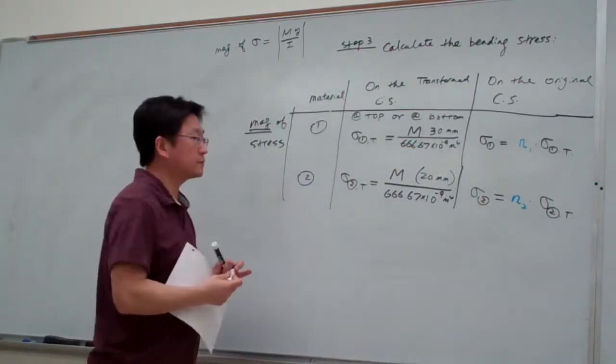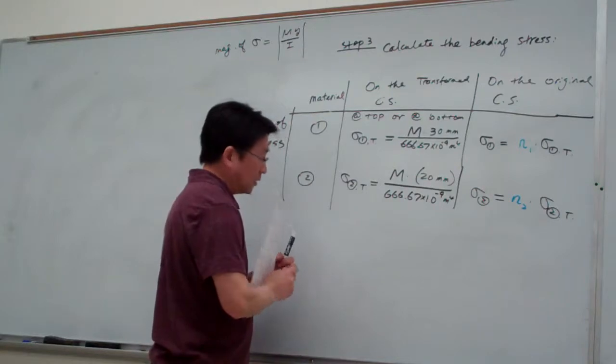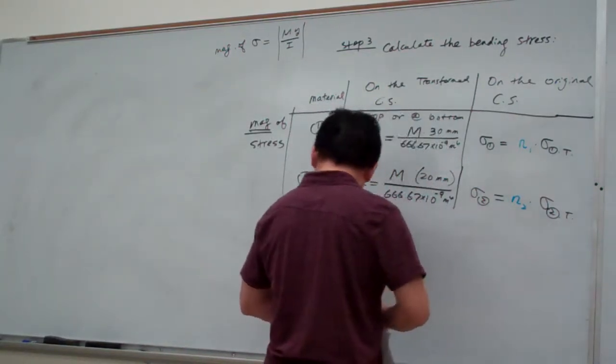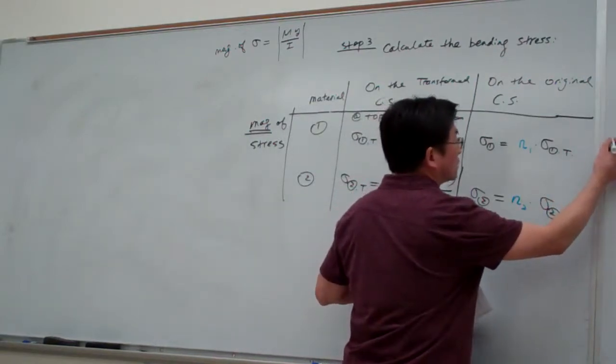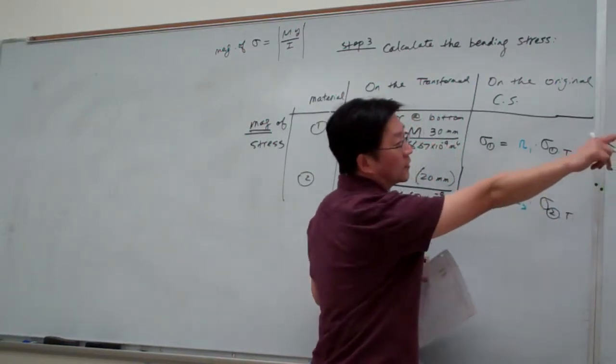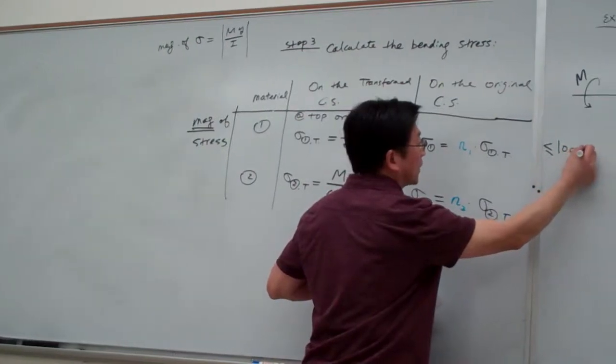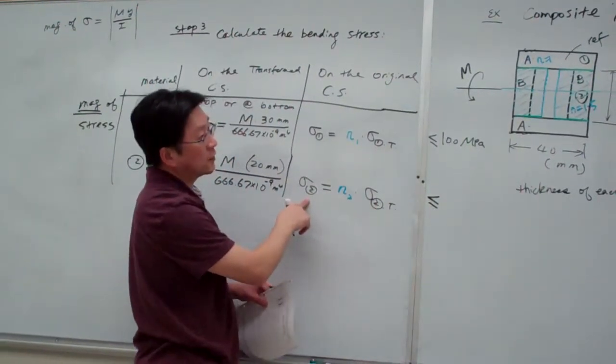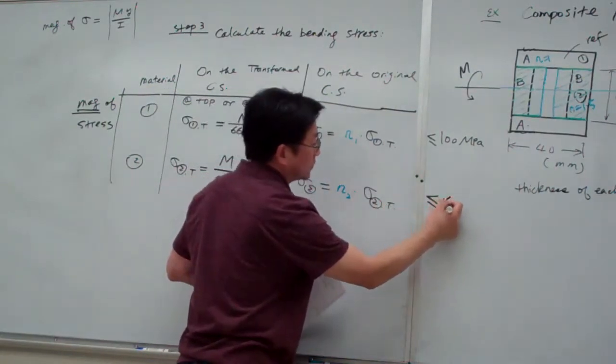Okay. And then for our situation, we require this number must be less than or equal to our allowable, that is 100 MPa. And this one must be less than or equal to the allowable 160 MPa.